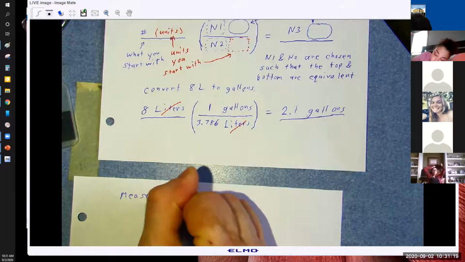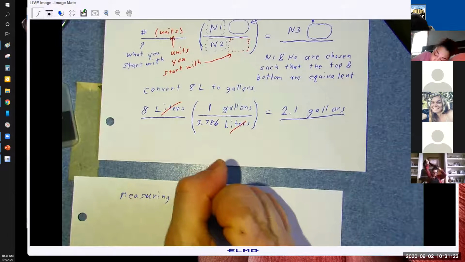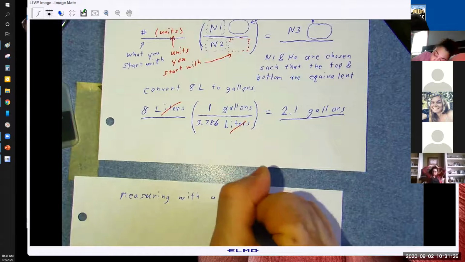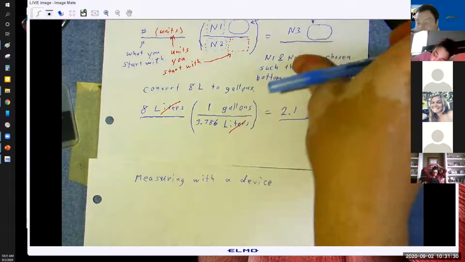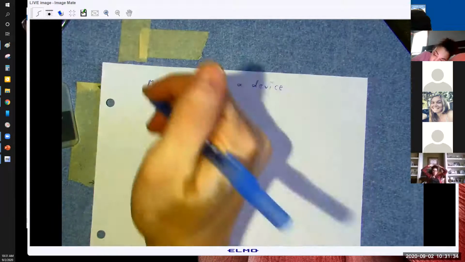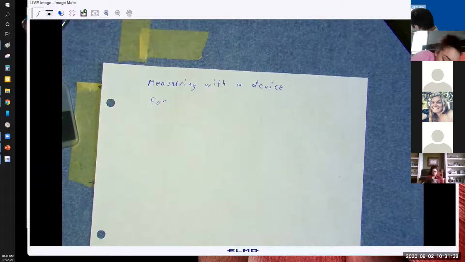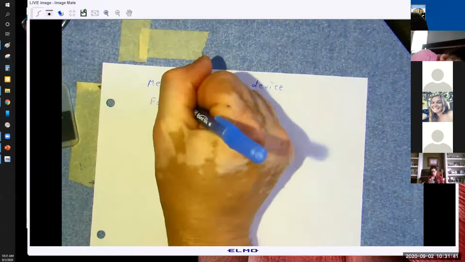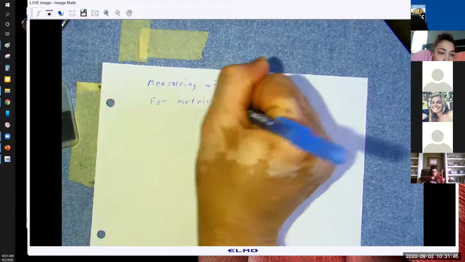Measuring with a device. So if you're using metric devices, there are certain rules about measuring. So this is for metric devices.